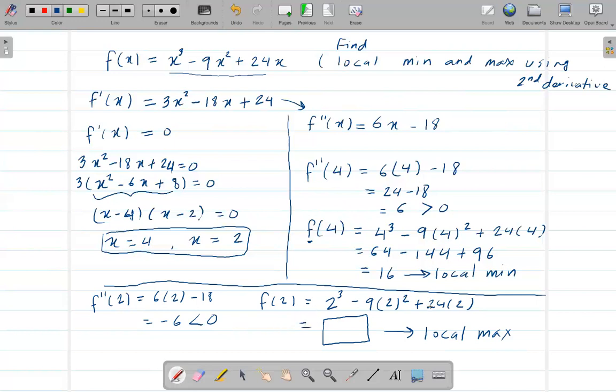I was not thinking to assign a quiz, but this is an easy one. So write this whole thing, put it in your calculator, write the answer, and just say that this is a local maximum.